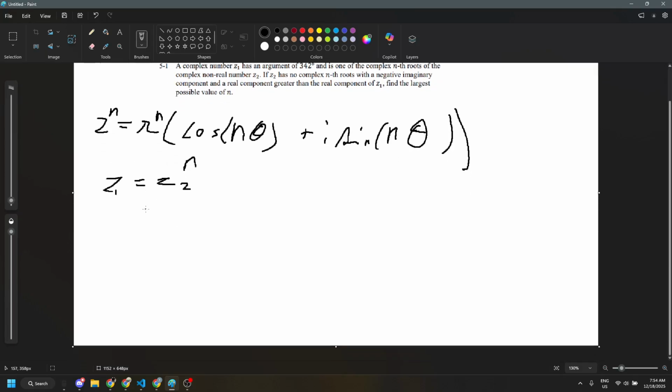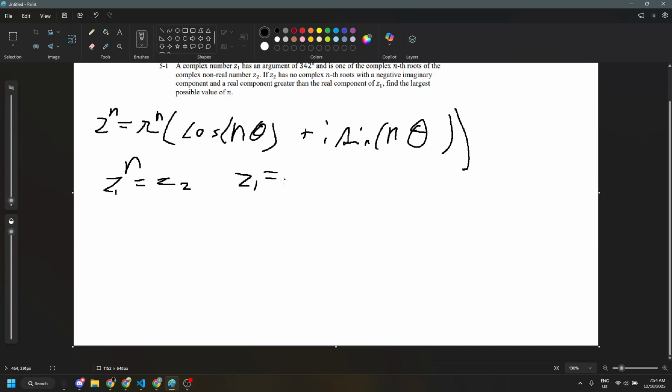The real component of z1. z1 is equal to r to the n. No, z1 has the exponent.